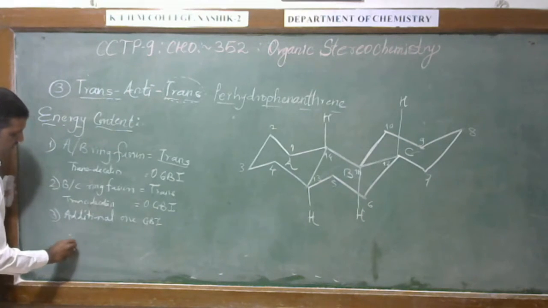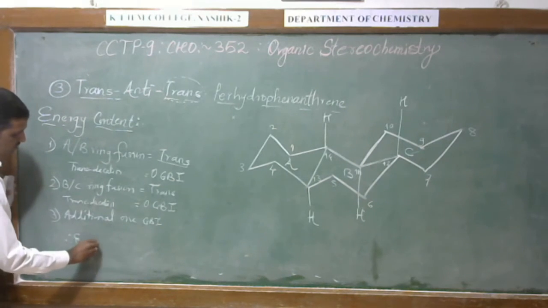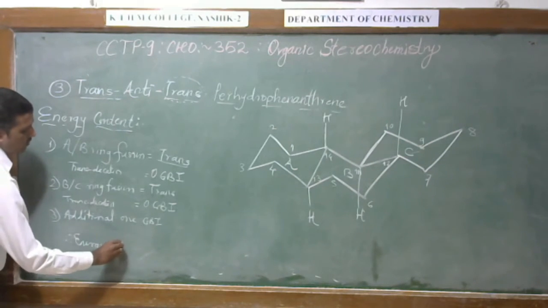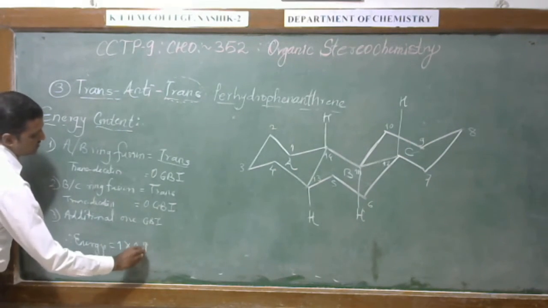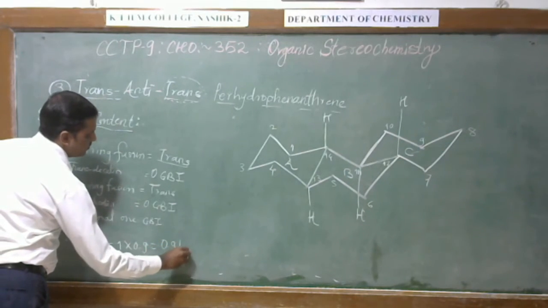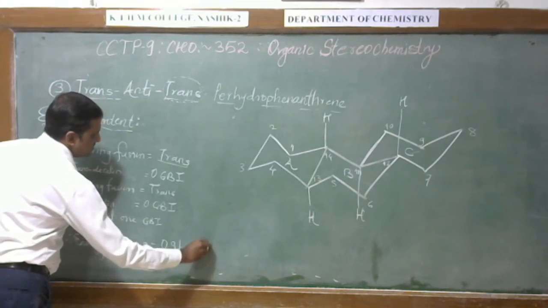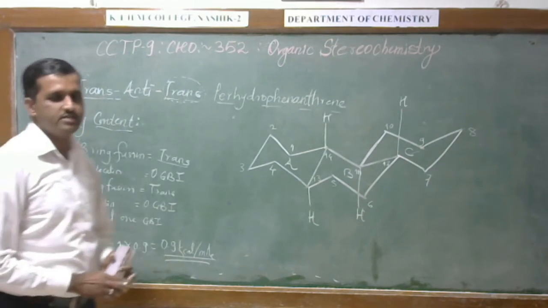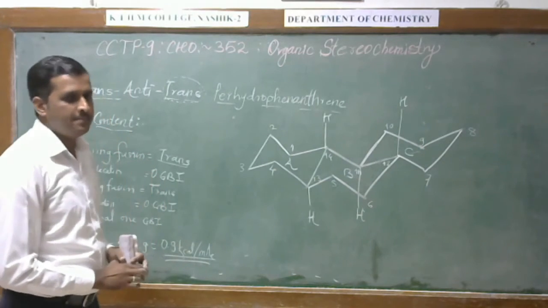Therefore, energy contained is equal to 1 into 0.9, means 0.9 kilocalorie per mole of energy contained is associated with this molecule, that is trans-anti-trans perhydrophenanthrene.